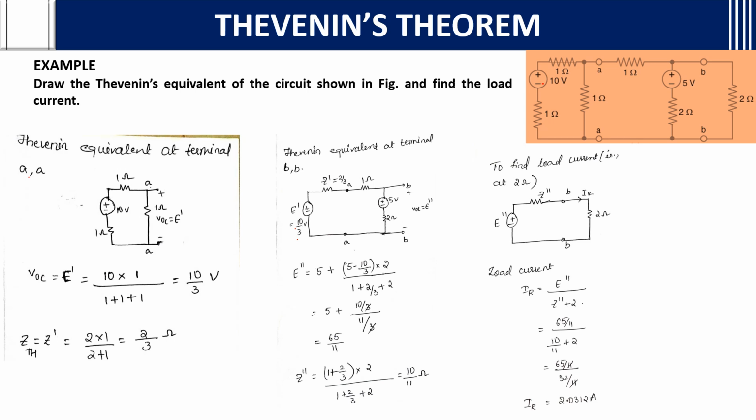In the textbook, the value comes as 1 point something, and here also they have taken it wrong. In the case of 65 by 11, they have taken 10 by 11, and here the calculation is also wrong. Here it should be 5 plus the voltage across this, but they have taken 5 minus. So they have made some mistakes in the textbook. Please follow this sum that I am doing in the video. This is the correct answer.